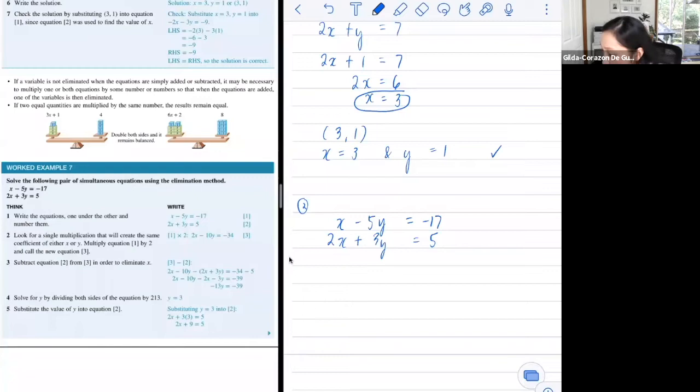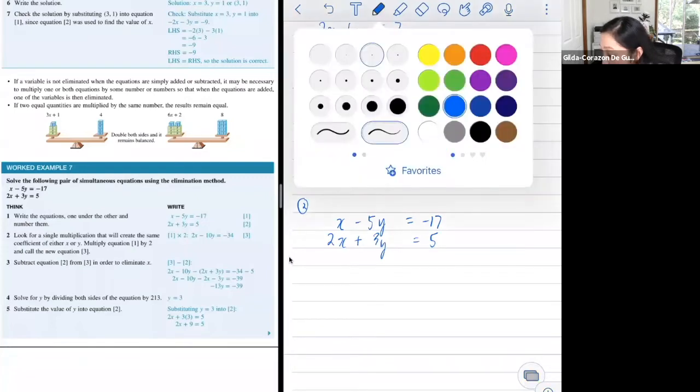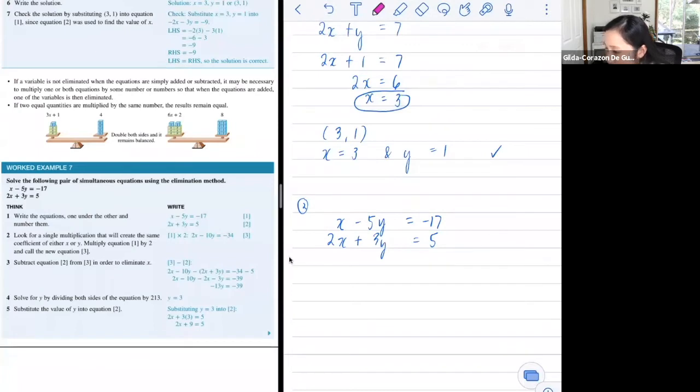So you can only multiply it by a number, not adding by a number. You can also divide it, but it's not the usual way. It's more difficult. So just use the easier way, right? So we multiply this equation 1 by negative 2, right?